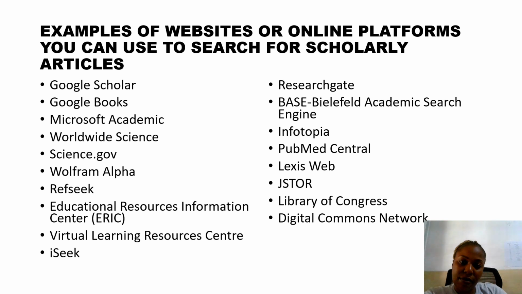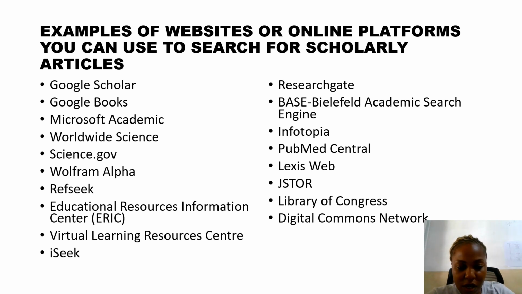Okay. And then examples of websites or online platforms you can use to search for scholarly articles. I can't read all of them here, but you're just going to look for them. Google Scholar is good for the educational field. You can find Google Scholar, Microsoft Academic, Wolfram Alpha, RefSeek, Educational Resource Information Center, ERIC.